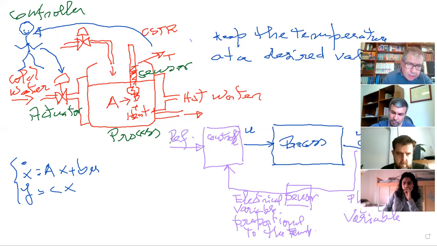The reference is the desired temperature. So what is a controller? A controller is a rule that knows the desired temperature, looks at the real temperature, and somehow computes the manipulated variable, which is the valve. And this can be done in many, many ways. Some are very simple. Some are very sophisticated.